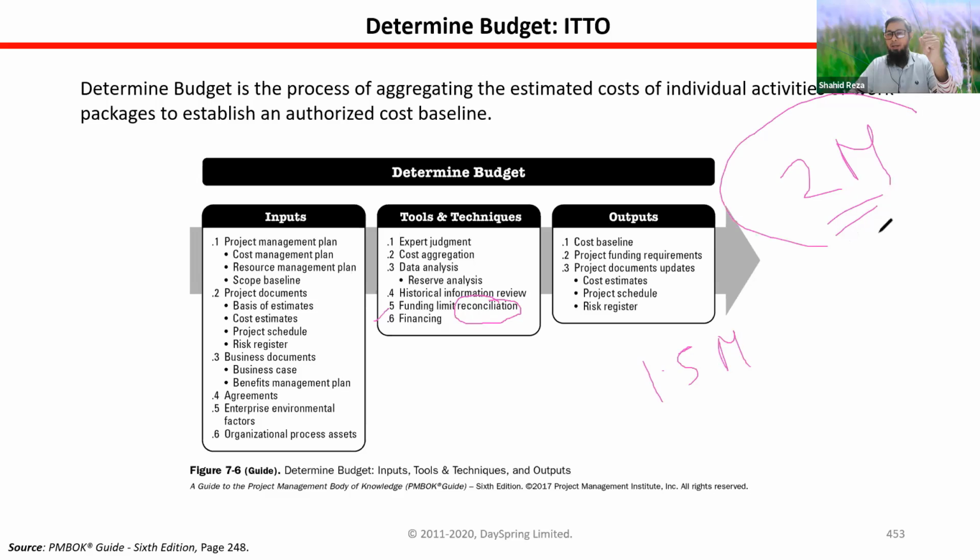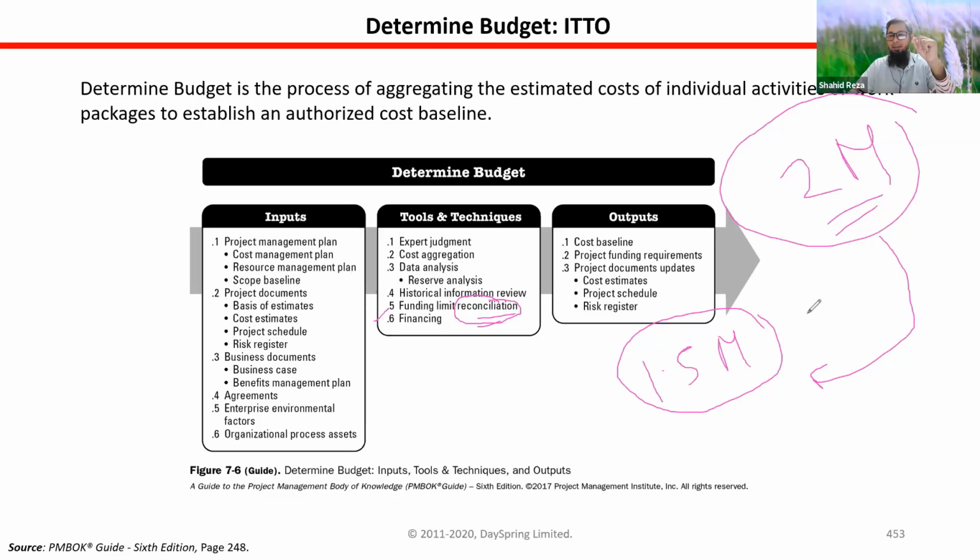But your project budget, when you have calculated everything, shows that it is $2 million. Now you have to reconcile with this funding limit. How do you deliver the project within this funding limit?